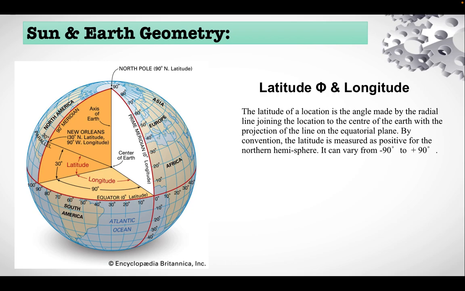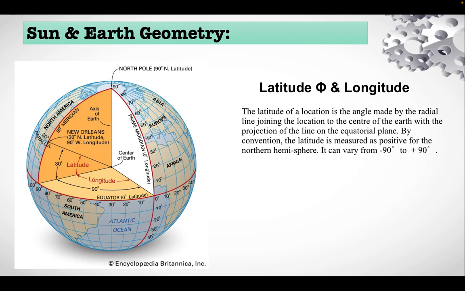Latitude is the angle made by the line joining the center of the earth and the location on the surface of the earth, with the line projected on the equatorial plane. So we can define the latitude of a location as the angle made by the radial line joining the location to the center of the earth with its projection on the equatorial plane.